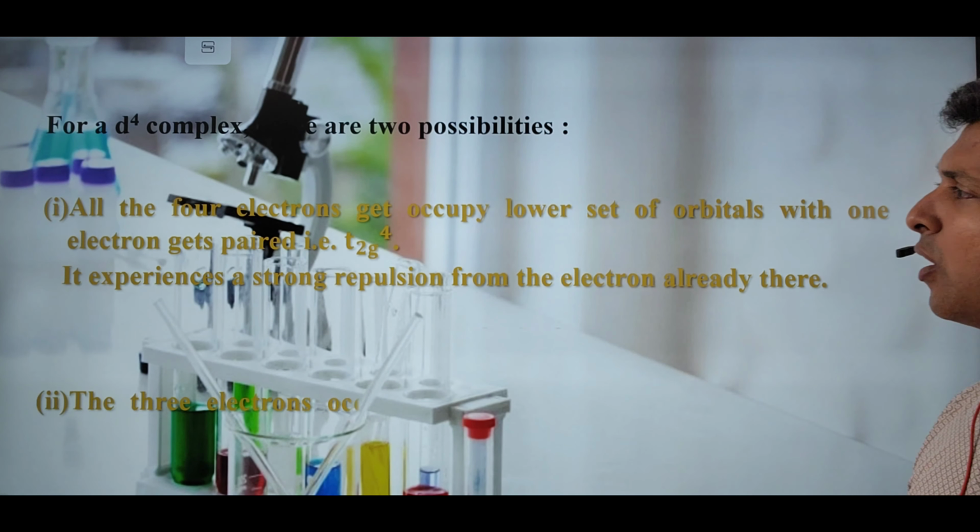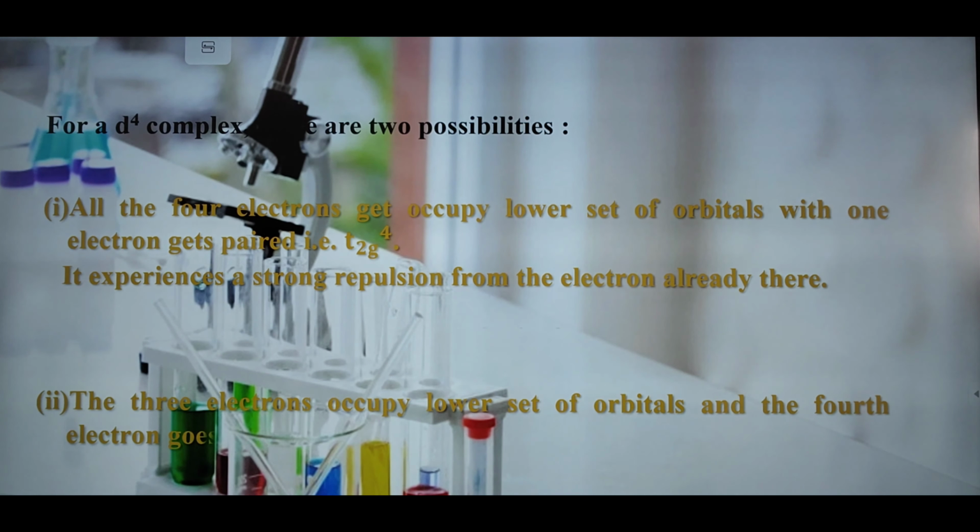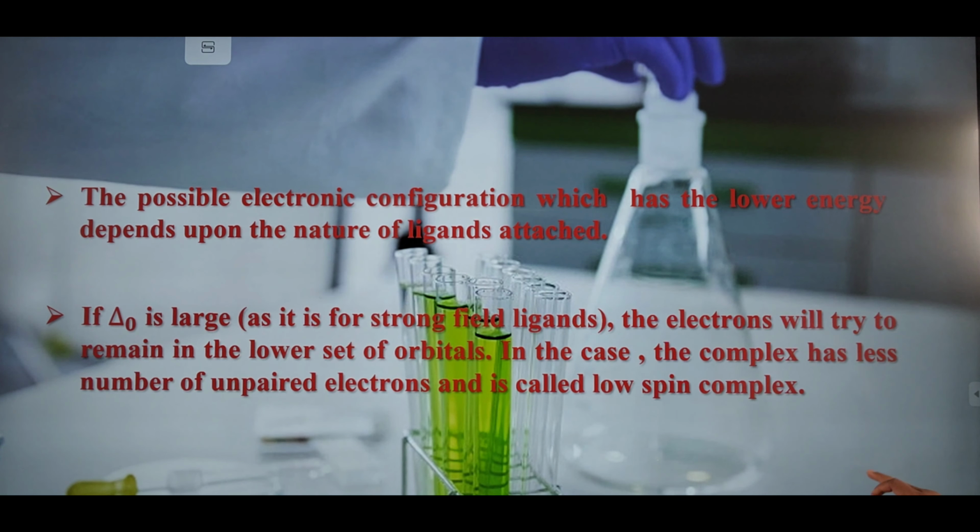Then for the fourth electron, it can pair in the lower set, t2g4, experiencing a strong repulsion from the electron already there, or the 3 electrons occupy the lower set and the 4th electron goes to the higher set, t2g3 eg1. What does that mean?